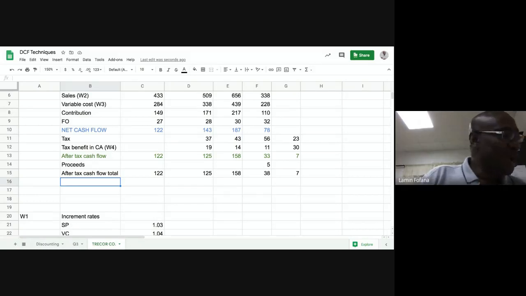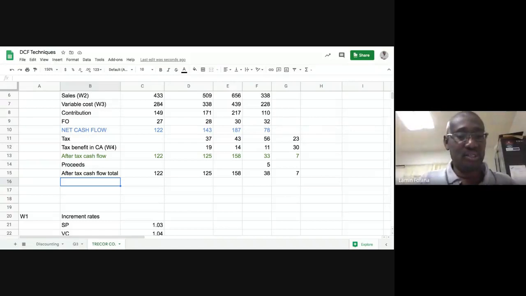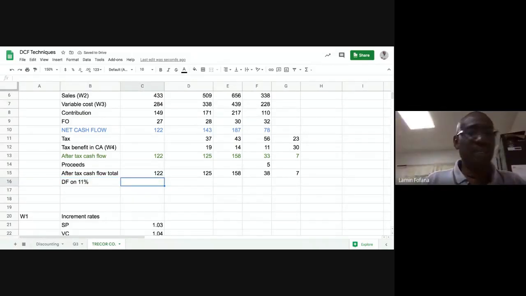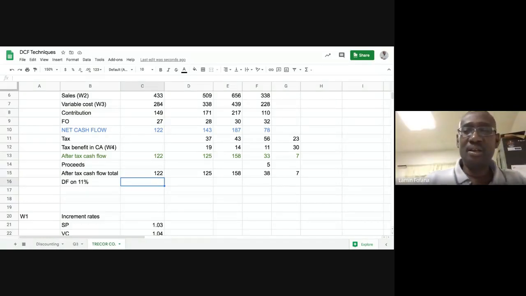Okay, so let's calculate our discount factors on 11%. So we have our DF on 11%. Can we calculate it?